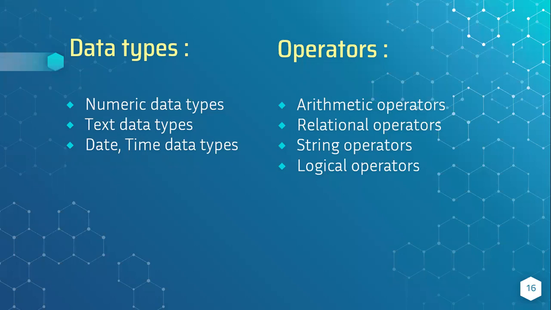String operators are used for manipulating the text data, combining two text strings, etc. And logical operators are used for combining the multiple conditions in SQL queries using and, or, not. And, or, not are examples of logical operators.